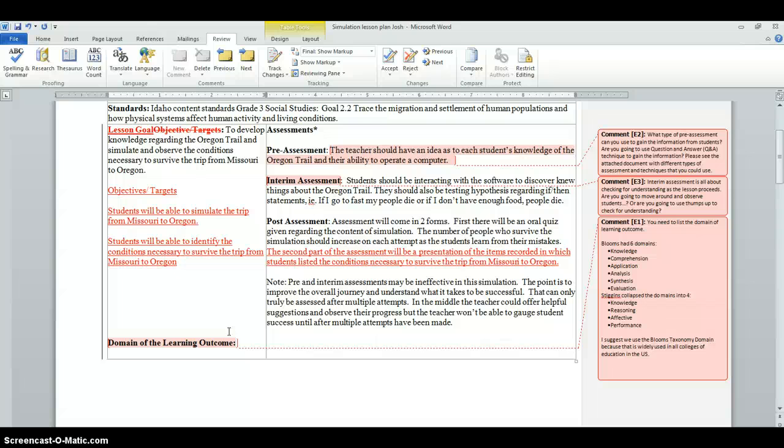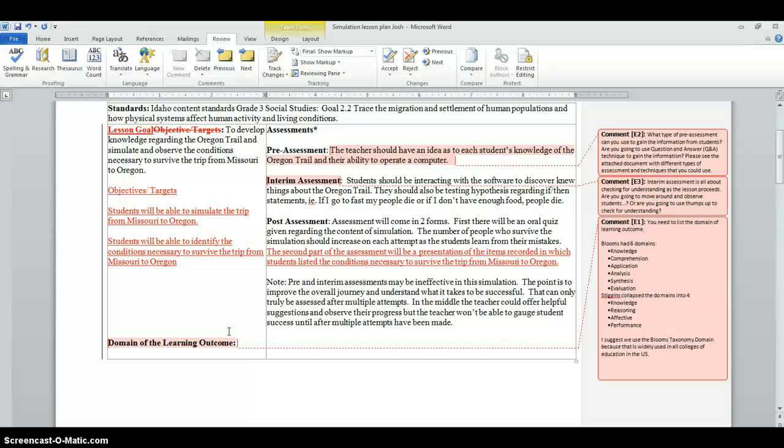So what I decided to do was to identify the conditions necessary to survive. Because you said there were two assessments, the second one is to assess their ability to observe the conditions through identifying the necessary conditions to survive. So that's why I have this second assessment that you're going to use there.